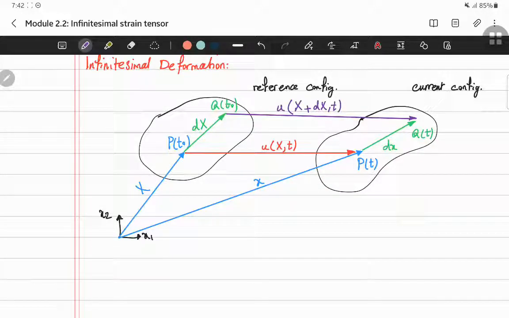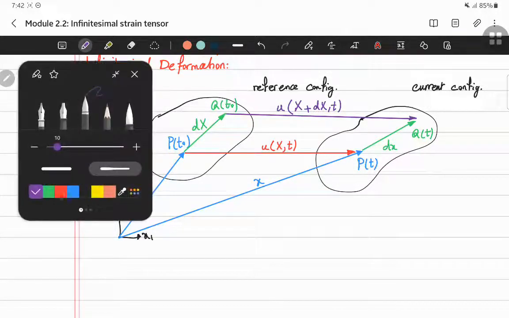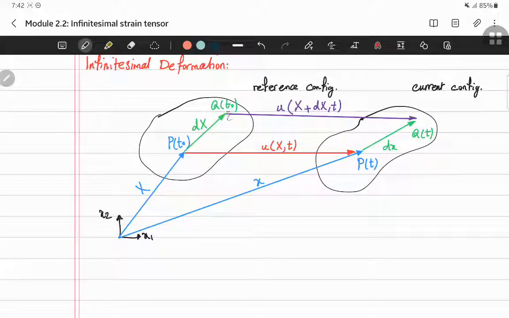So we have two points, P and Q, in the reference configuration. Their distance is dX, and we have the capital X vector for the reference configuration for point P, and their corresponding points in the current configuration as PT and QT.